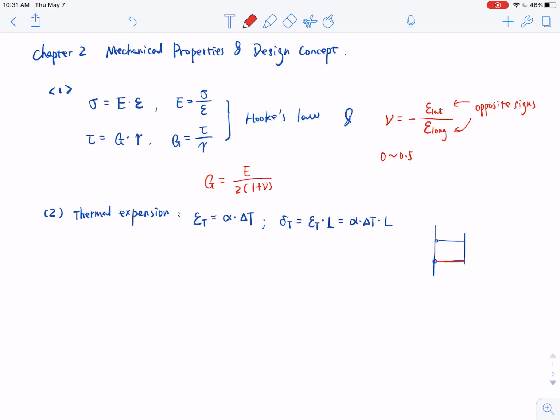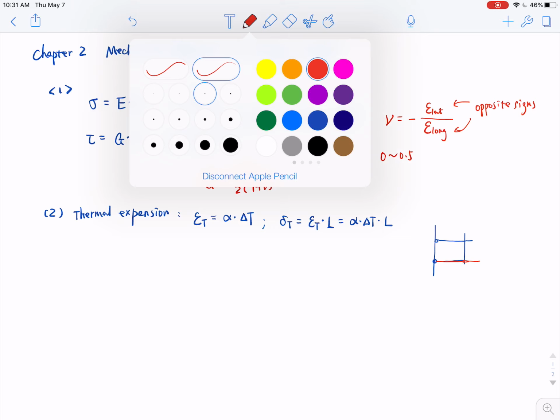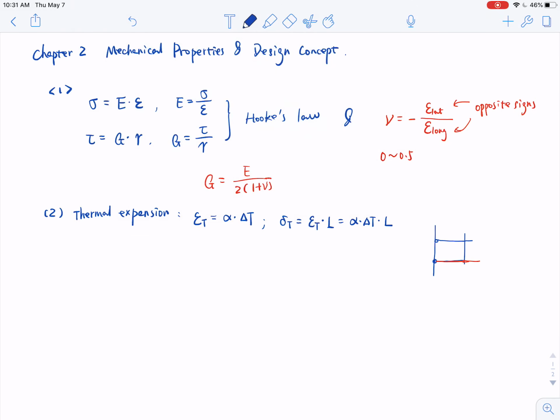You can heat it, assuming the temperature in the environment becomes higher. So you are heating these two bars. The first bar will become longer, and the second bar will also become longer. But because the coefficient of thermal expansion of the second bar is larger, its elongation will be larger. As a result, the mirror will be inclined.